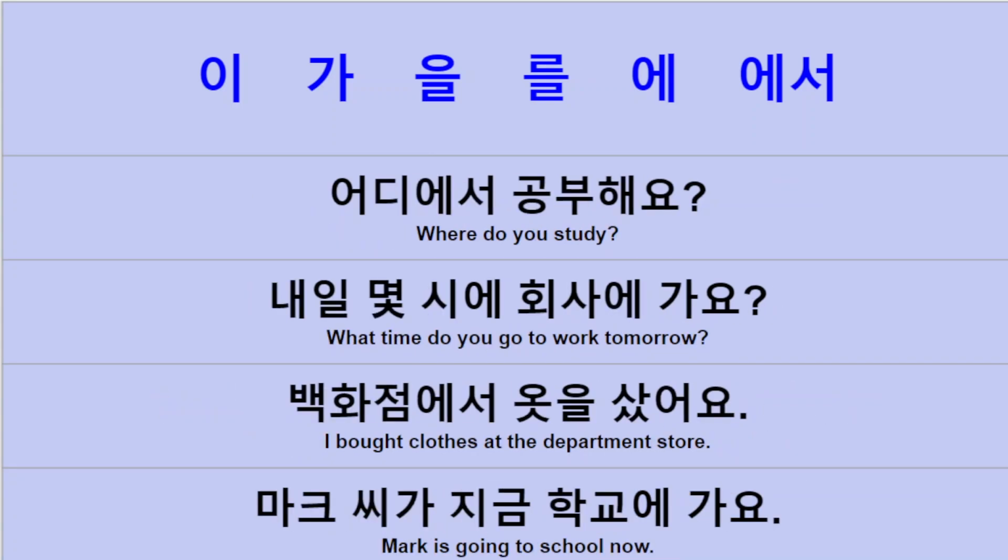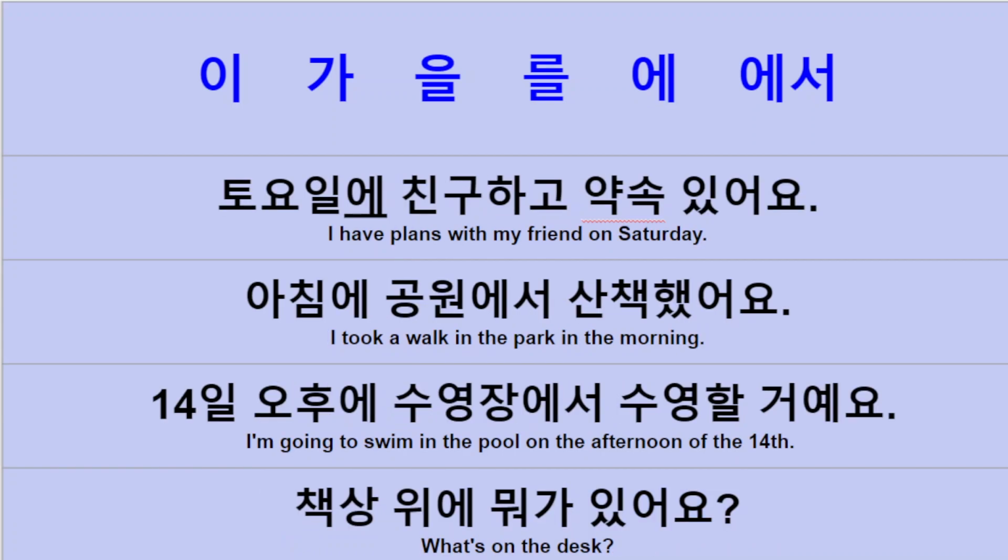No, 학교에 가요. 토요일에 친구하고 약속 있어요. 아침에 공원에서 산책했어요. 14일 오후에 수영장에서 수영할 거예요.